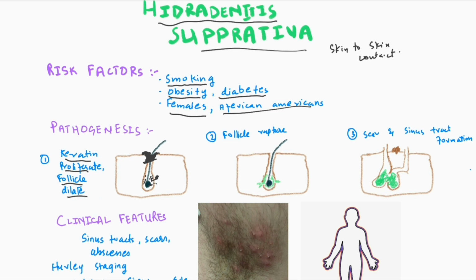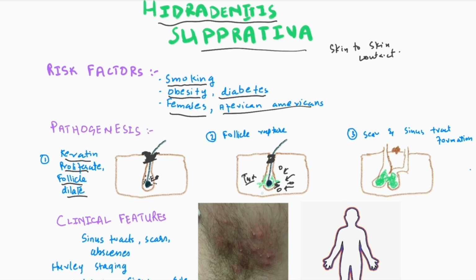Then the second thing is that it dilates so much that it ruptures the follicle, and once it ruptures, it causes an inflammatory reaction. The neutrophils come here, the macrophages come here, the lymphocytes come here, and the neutrophils cause pus formation. There is also involvement of TNF.